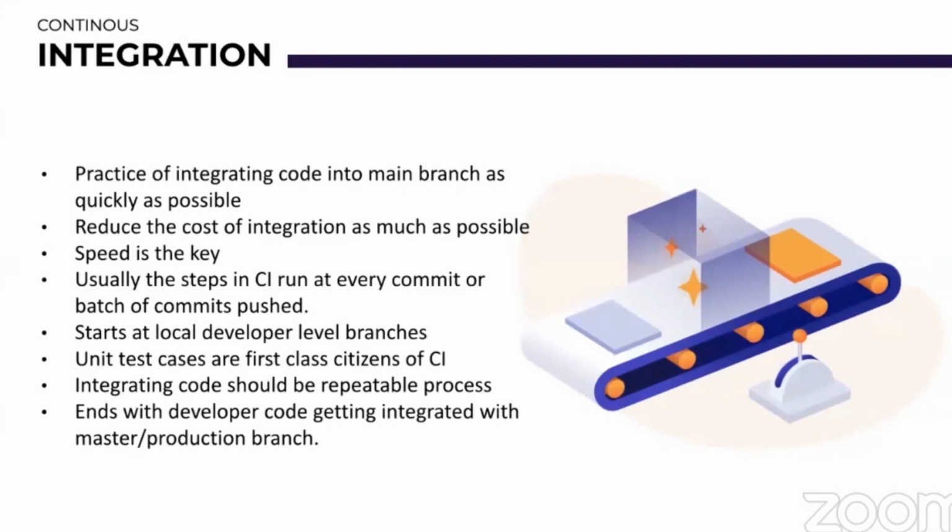And then speed is the key. If the CI times are increasing, developers won't use this kind of system, because speed will prohibit them. So let's say you have set up a CI point in your repository and it's taking around 5 minutes for each commit.